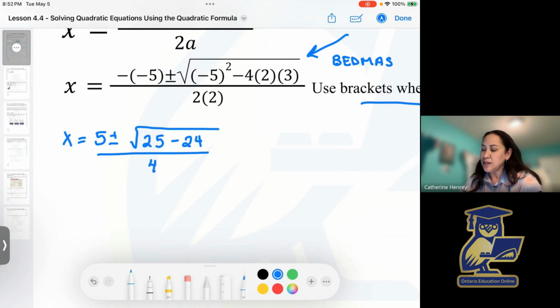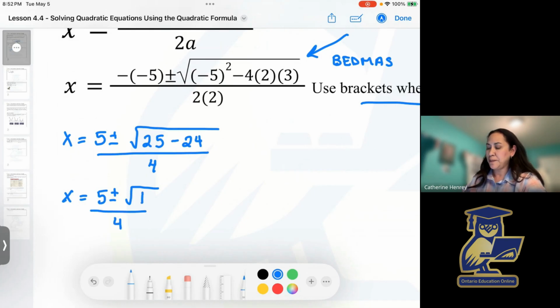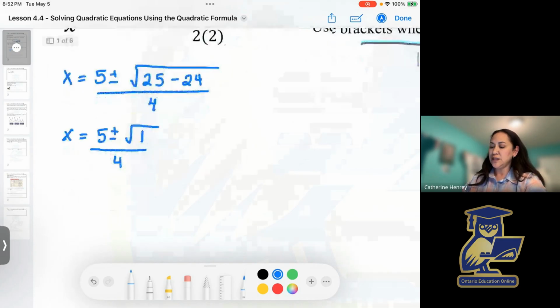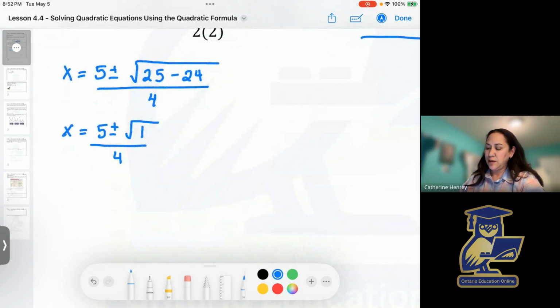So x is equal to 5 plus or minus the square root of 25 minus 24, which is 1, over 4. Let's simplify one more step: 5 plus or minus the square root of 1, which is 1, over 4.